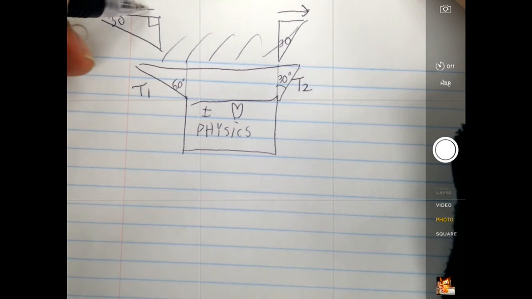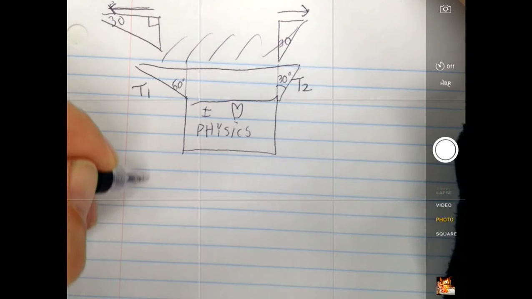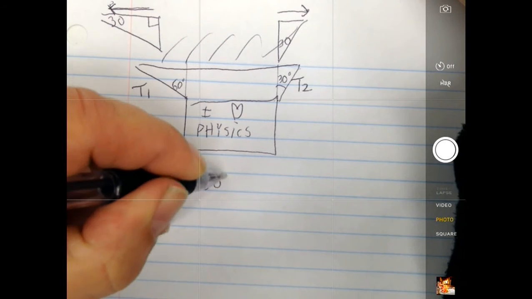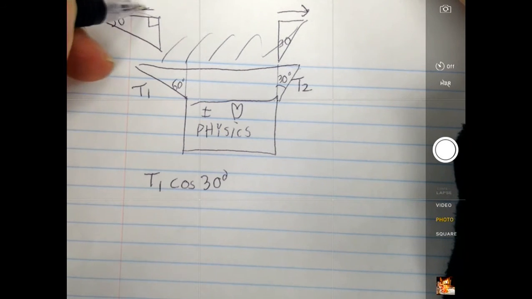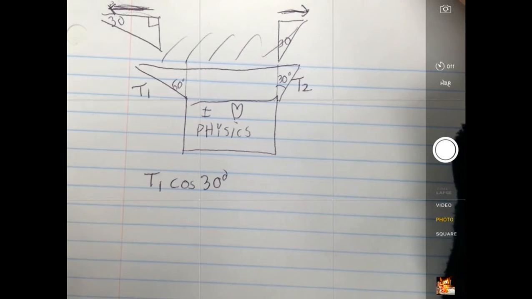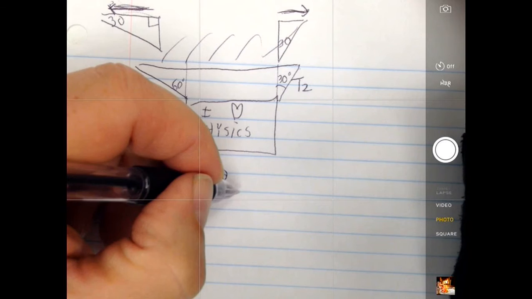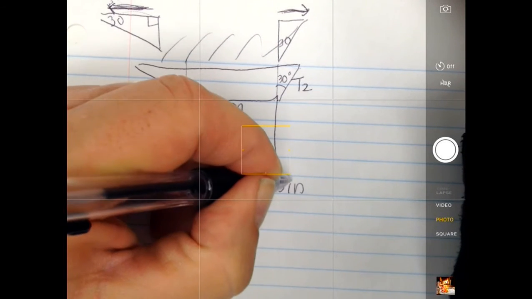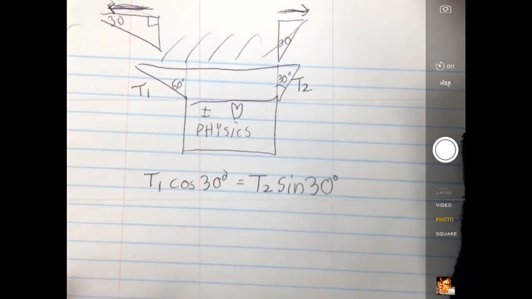So the horizontal component of tension 1 would be T1 cosine of 30 degrees. That has to cancel the horizontal component of tension 2, which is T2 sine of 30 degrees.